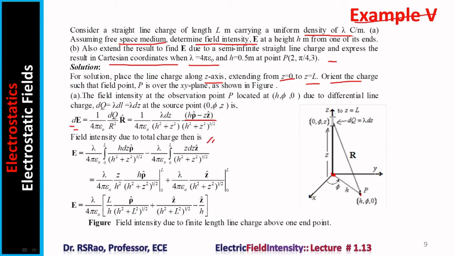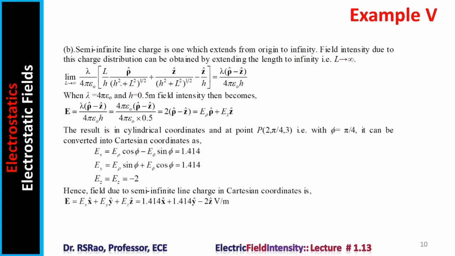The total field intensity, of course, requires integration from 0 to L. Integration results in this lengthy, somewhat complicated expression. Notice it has two components, a rho component and a z component. A semi-infinite line charge is one which extends from the origin to infinity.